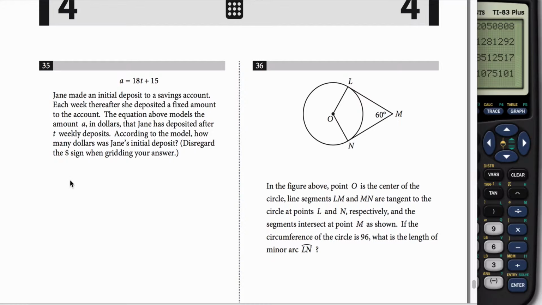Okay, so all this is asking you is what is A when t equals 0, which you can get by plugging in t and solving to get the 15, or by understanding what these coefficients mean. This is how much she starts out with. This is how much A increases by every time t increases by 1. My answer would be 15.